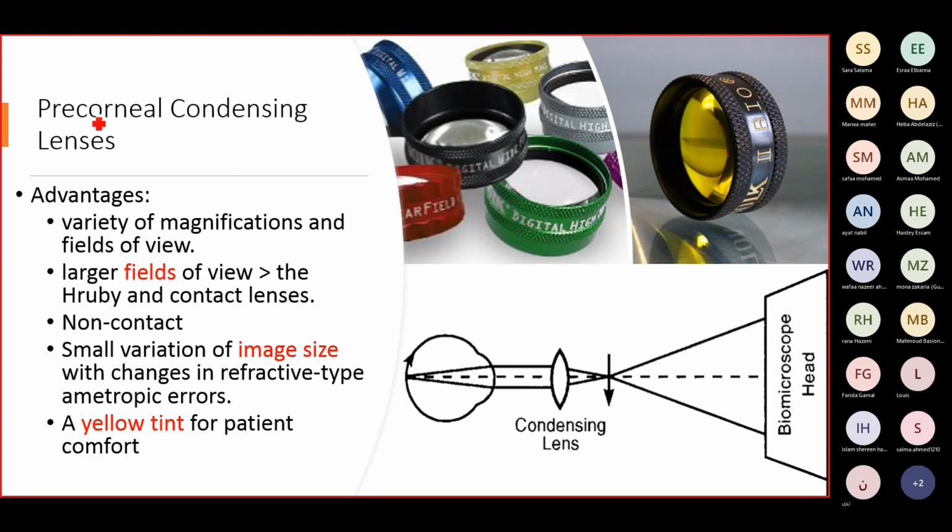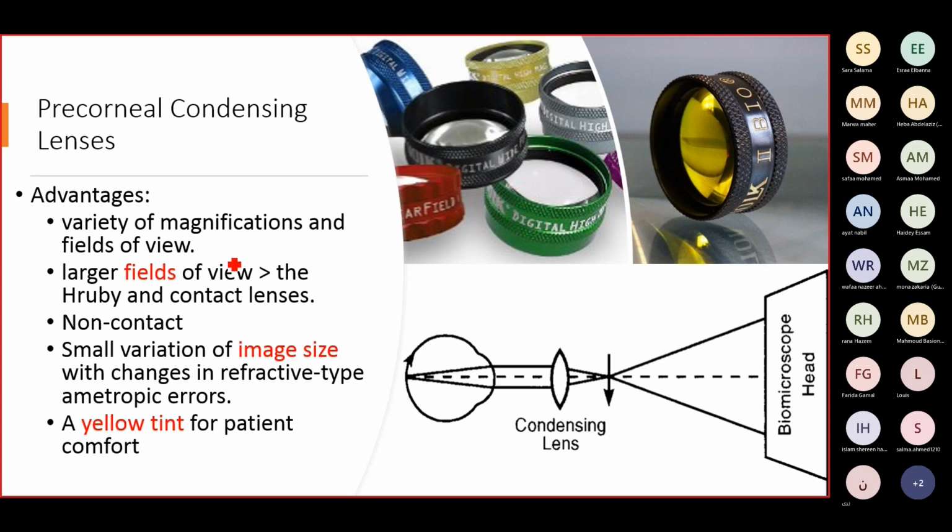Okay, so let's move to the non-contact condensing lens. Those have a variety of powers and a variety of views. The rule is the larger the dioptric power of the lens, the less the magnification, the worse the stereopsis, and the wider the field.